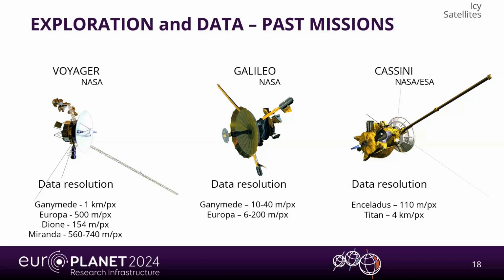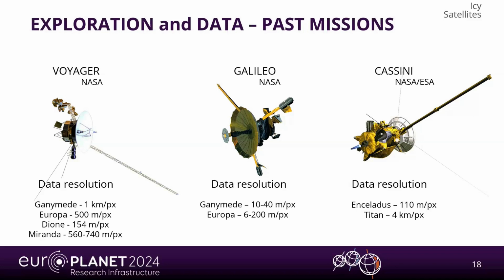After Pioneer, mainly both Voyager probes that have been launched in 1977. And then more than 10 years later, the Galileo probe has been launched in 1989. And then subsequently, in 1997, the Cassini probe has been launched.